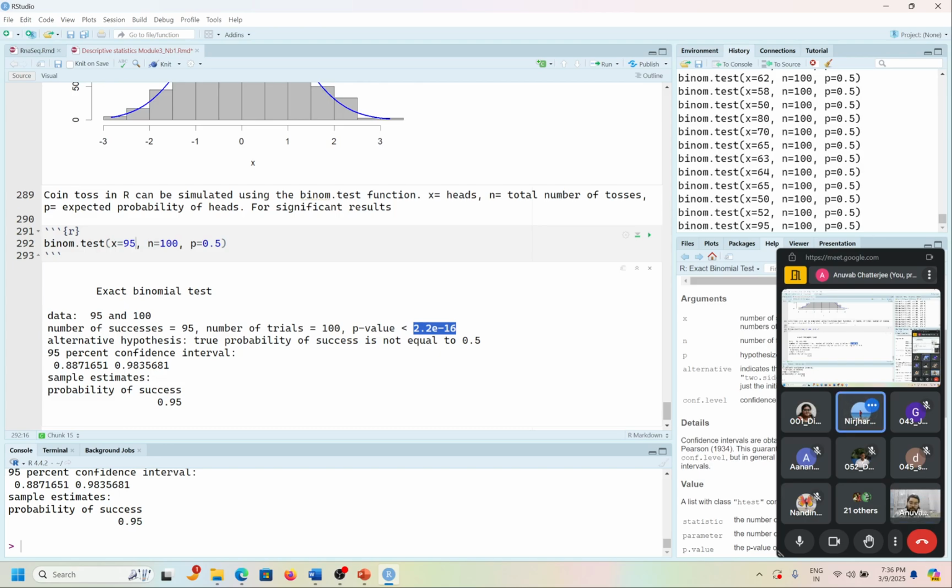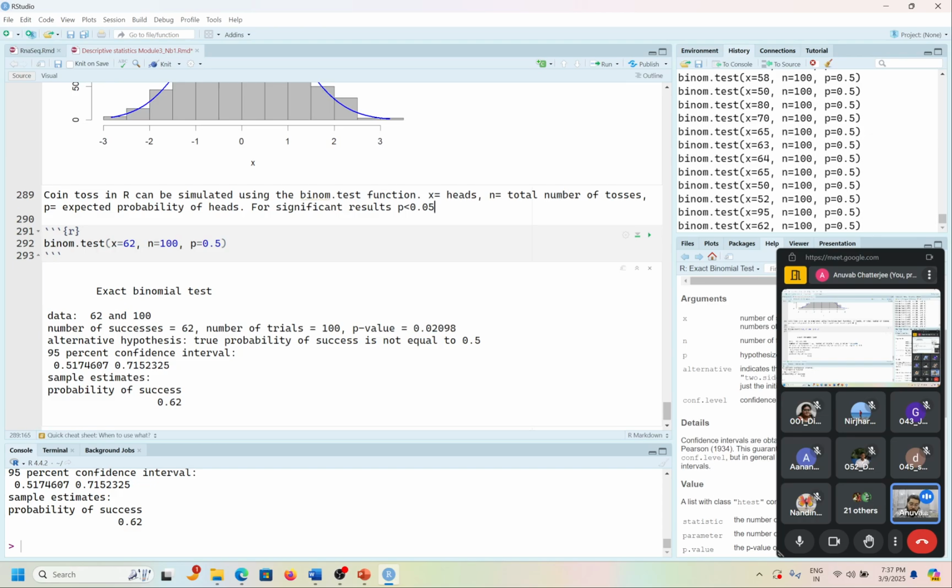Got it, sir. Sir, at x equals 61, the p-value is 0.0352. Okay, so our initial experiment was: if there are 62 heads, can you say that the coin toss is unfair? You can actually say that it is unfair because your p-value is less than 0.05.